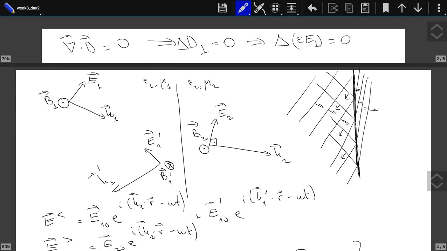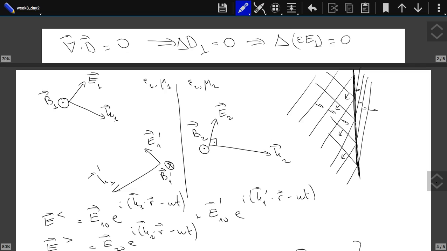You see, we know the direction of k1 prime. So that already fixes the direction of E1 prime. So we know the angle of the reflected field. We just don't know its magnitude. We know the angle of the transmitted wave, so we know the angle of E2. Now we know the angle, we don't know its magnitude.